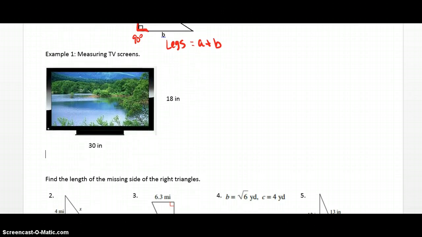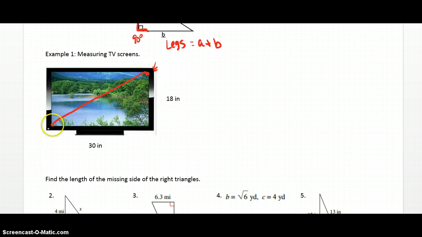You can actually use it to measure TV screens. If they tell you that this TV is 20 inches, where are they measuring that? If you look at the screen, they're measuring from one diagonal corner to the other. They are not measuring out to the actual corner of the whole thing, they're just measuring the screen.